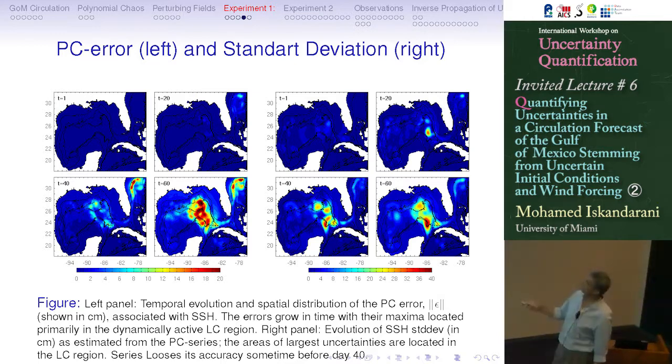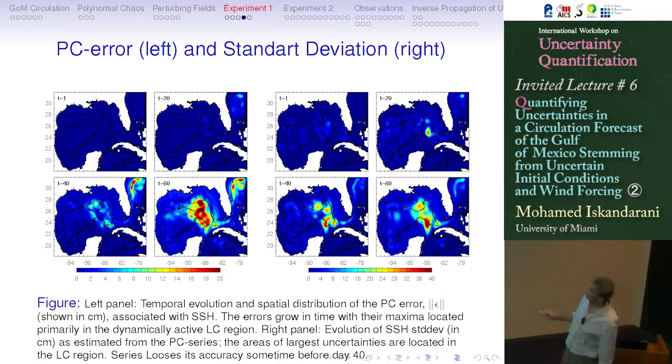And on the right panel, you're looking at the standard deviation of the system. So it's pretty clear that the surrogate is reliable all the way to about day 30. It's not in this panel, but the problems for the error start showing up at day 40, also in the loop current region. It's an error of about 12 centimeters in sea surface height.